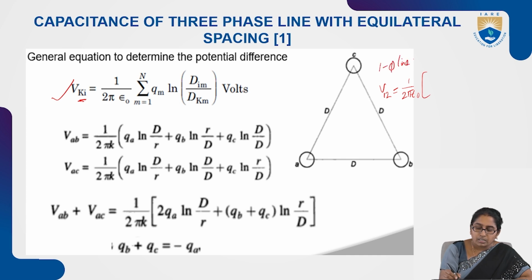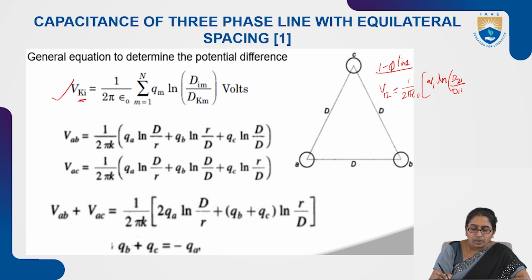When m is 1, Q1 log of D21 by D11, plus, when m is equal to 2, Q2 log of D22 by D12.